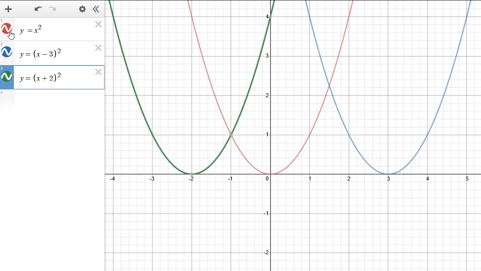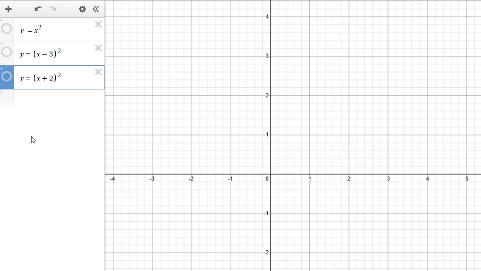And again, this works for any function. But because you are replacing every x, you have to make sure that you replace every x with a transformation.